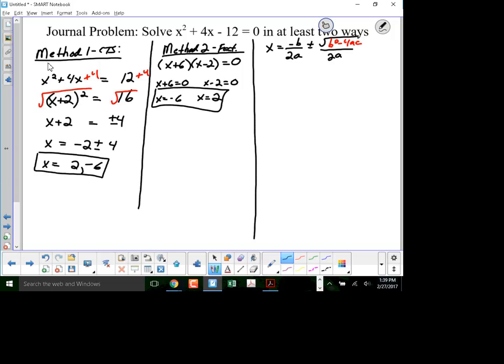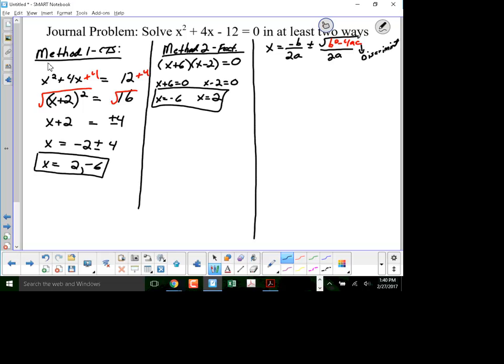Now, I put that b squared minus 4ac in red for a reason. Does anybody remember what that's called? It's called the discriminant. That tells you a lot about your solution.